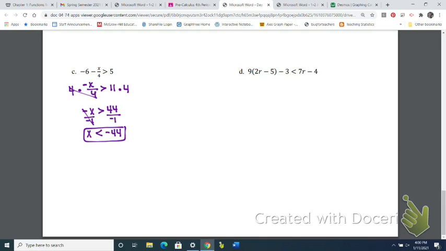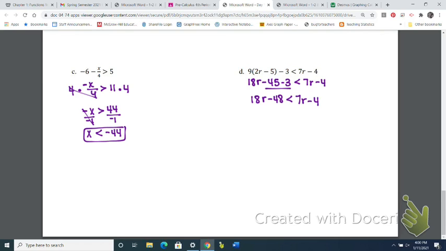On D, first thing I'm going to do is distribute. So I get 18r minus 45 minus 3. And bring down the other side. Then combine my like terms. When I solve inequalities, I always move my variable to the left.